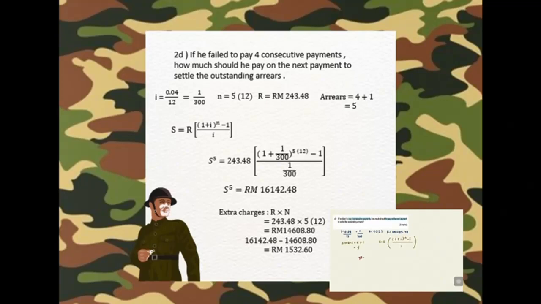Then we're gonna put all the information into the formula, which is S5 equal to 243.48 open bracket 1 plus 1 over 300 in the power of 5 times 12 minus 1 over 1 over 300.